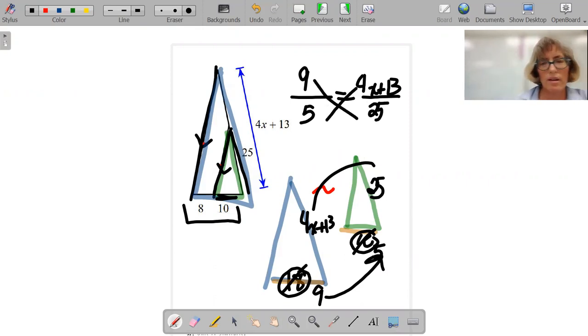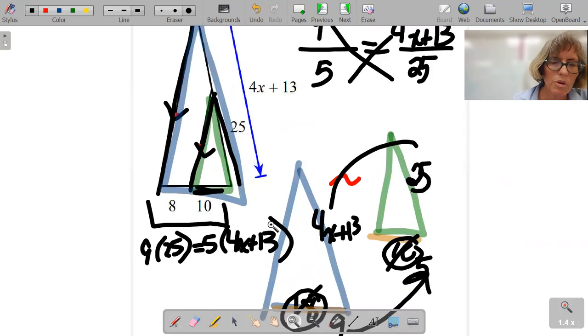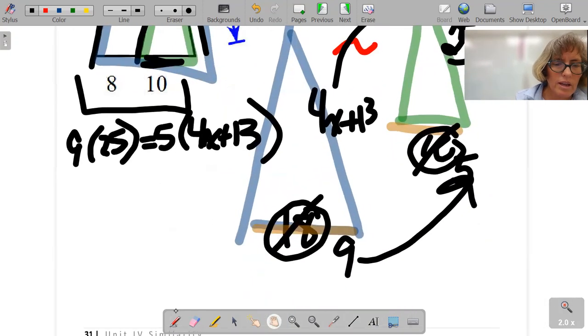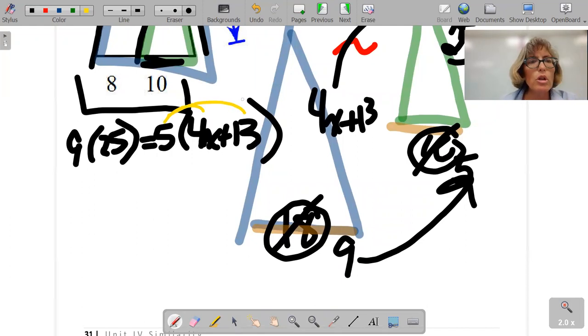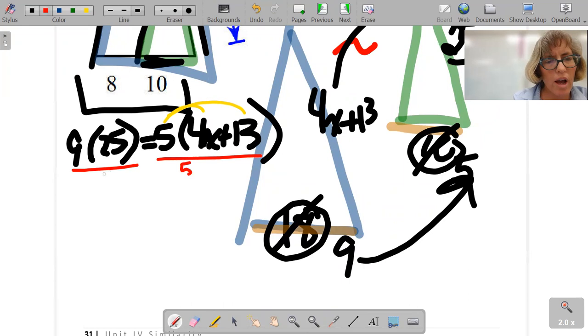Cross multiply. I'm going to bring the work down here. It's 9 times 25 equals 5 parentheses 4x plus 13. Let me get real close. Could you distribute and multiply the left and distribute? Absolutely, but I'm going to divide out the 5 to make it more simplistic.